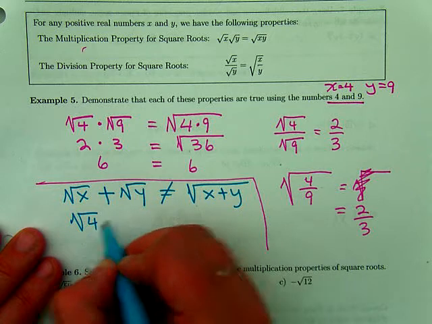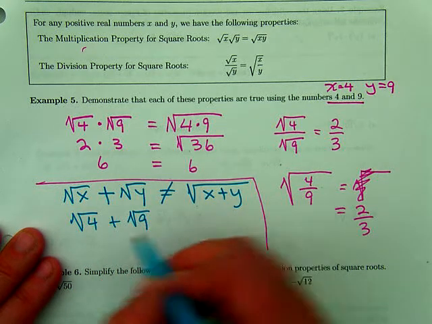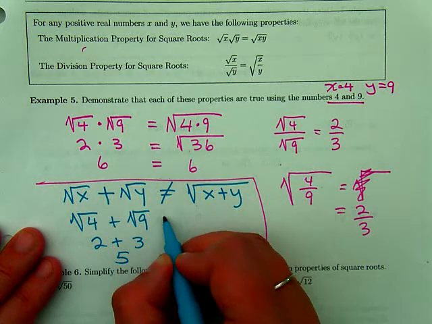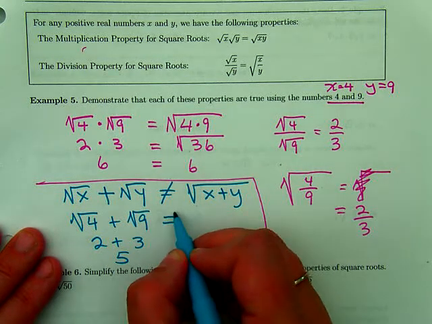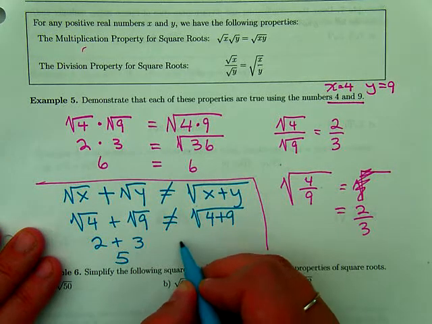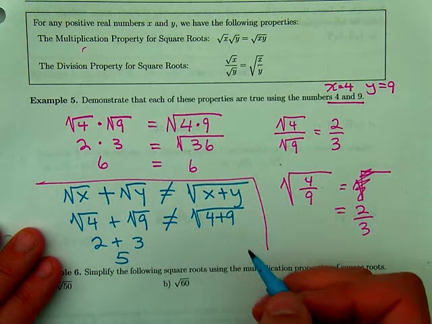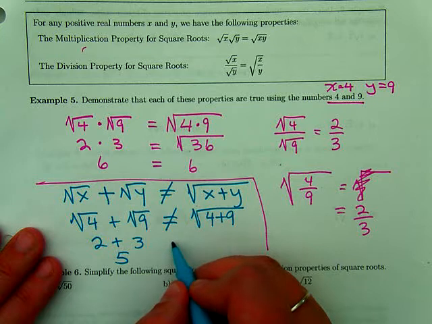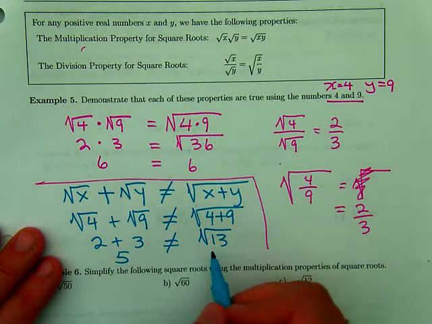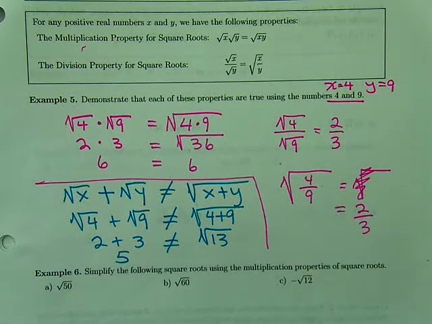So the square root of 4 plus the square root of 9 would be 2 plus 3, which is 5. And watch, that's not going to be equal to taking 4 plus 9, which is 13. The square root of 13 is in between. You can tell that it's less than 4, right?